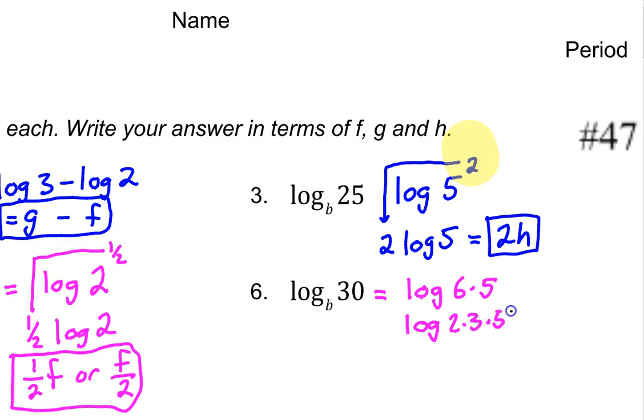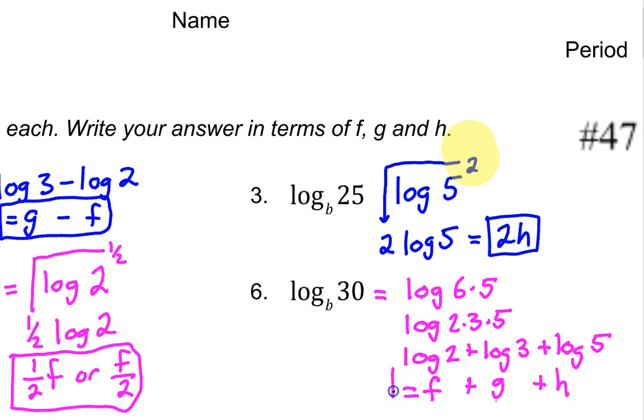So we got 2 times 3 times 5. So this is going to equal log of 2 plus log of 3 plus log of 5. So we have f plus g plus h as our final answer.